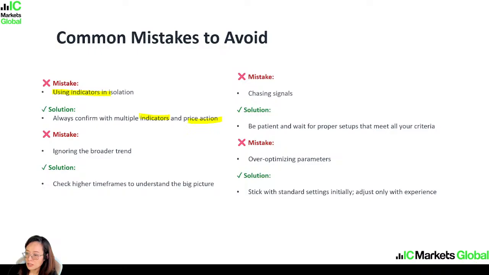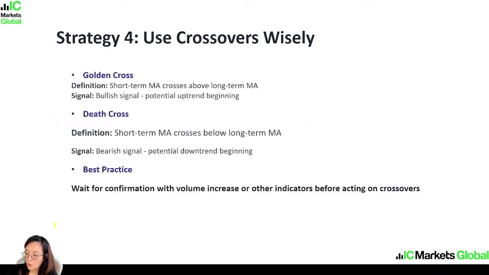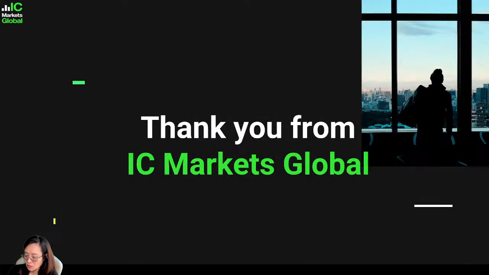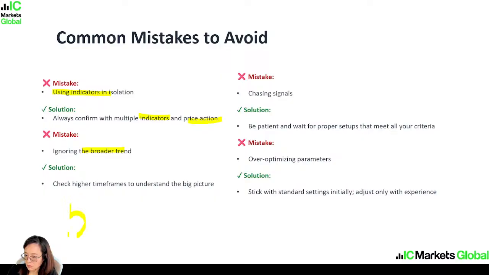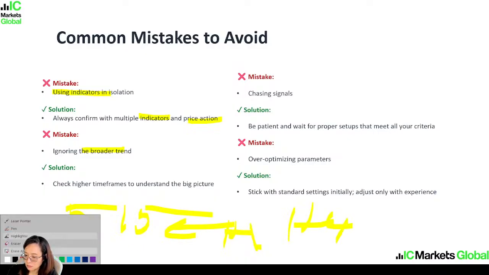Another mistake: ignoring the broader trend. Solution: check the higher time frame to understand the big picture. Don't always look at the lower time frames, which are M5 or M15. You should look at H1, H4 for the direction, and you zoom down to M15 for your entry.